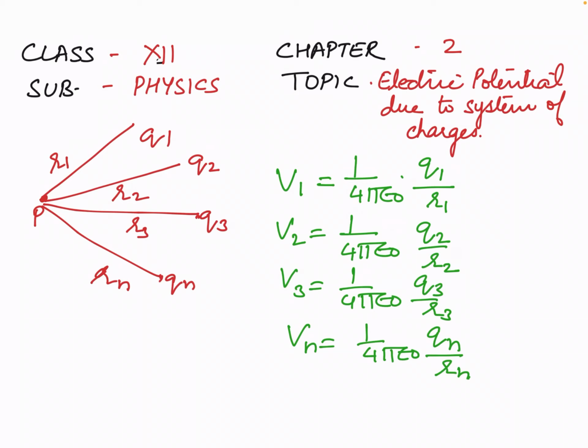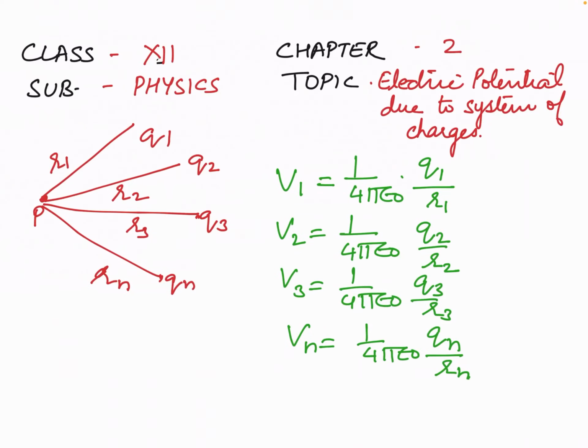Now we have to find out the net potential at point P, so we will add them. Since electric potential is a scalar quantity, the total potential at point P will be equal to the algebraic sum of all the individual potentials. That is, V will be equal to V1 plus V2 plus V3 plus Vn.